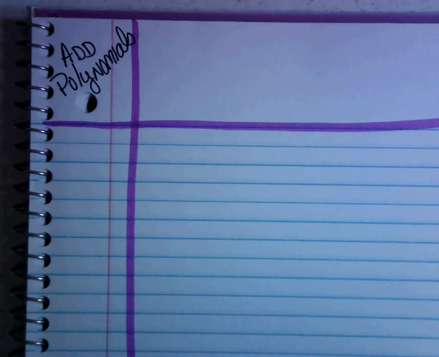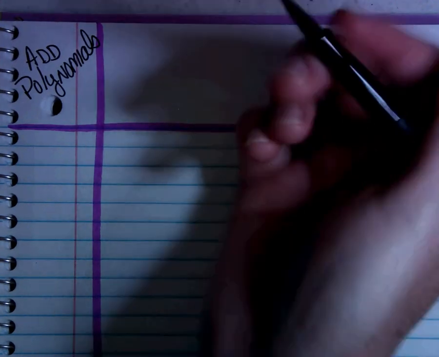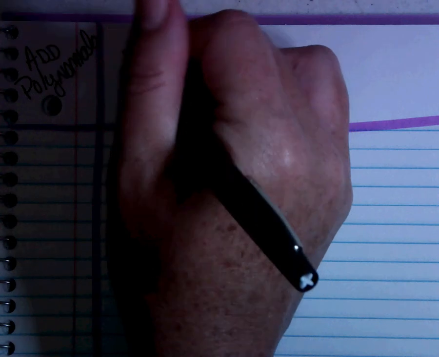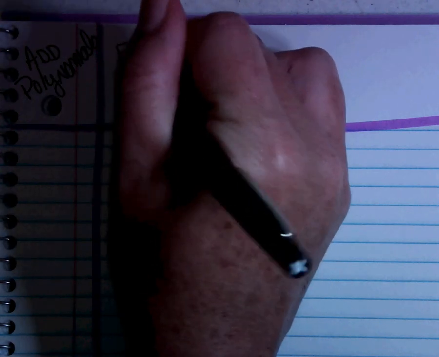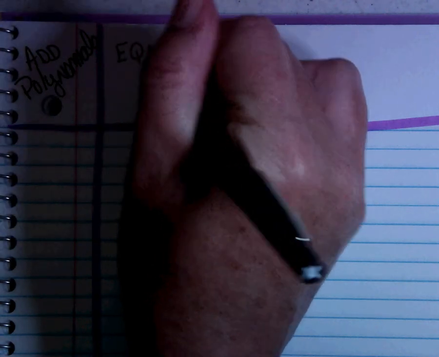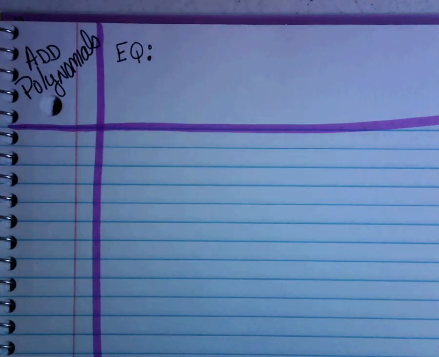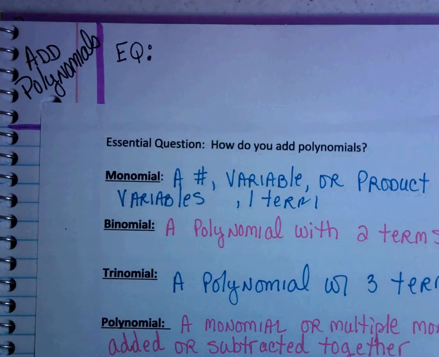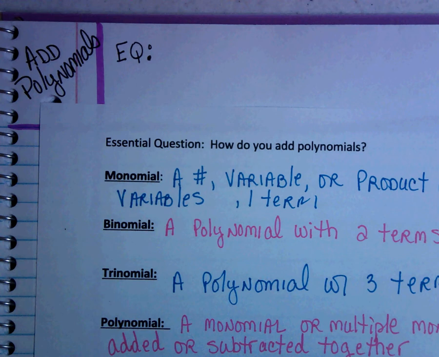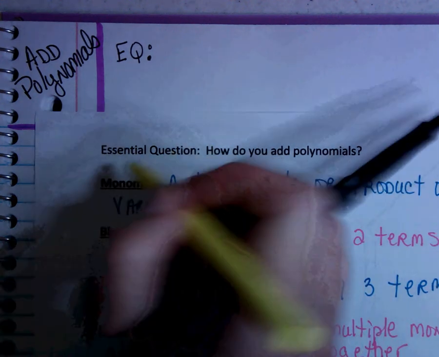Let's try again. Okay, then at the top, normally I will have you, and I will have you do this from time to time as we get going, you would write the essential question right here. Okay, now for the first couple sets of notes, I've already got you started. I've already written your essential question at the top.